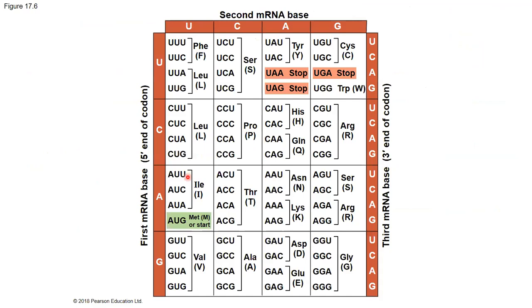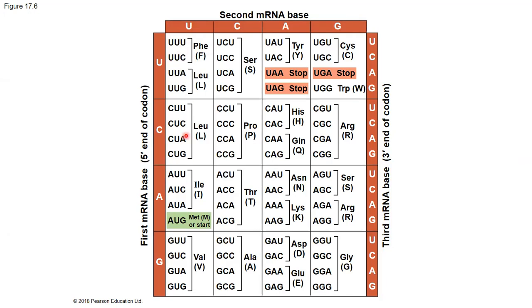So this table lists the 64 potential codons or triplet codes and what type of amino acids they specify.